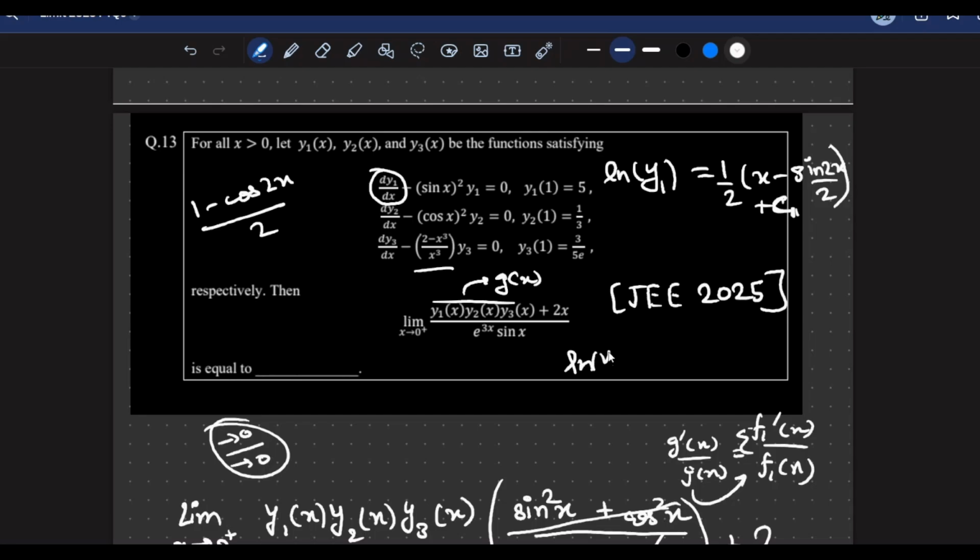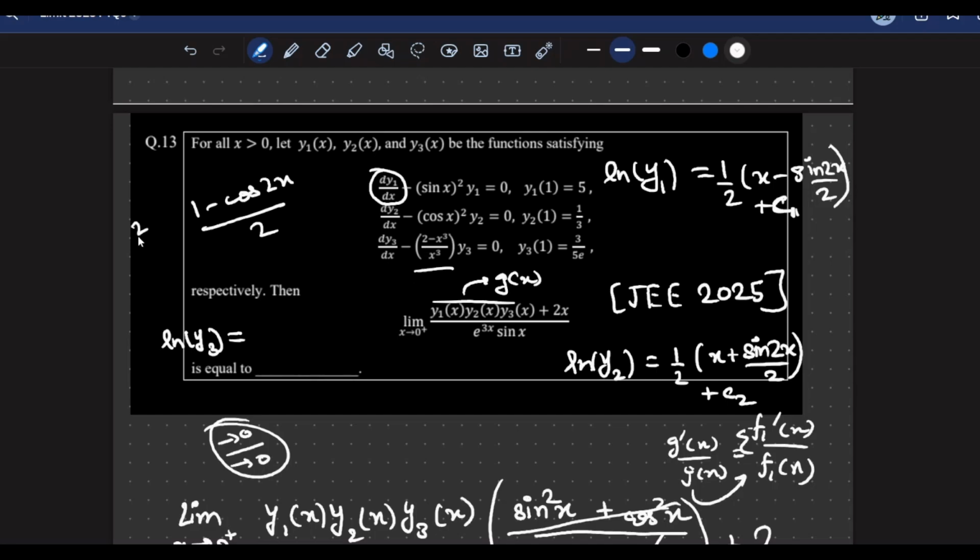Ln y2 similarly is equal to the integral of cos square x, which would be (1 plus cos 2x) by 2, right? So it will be x/2 plus (sine 2x)/4 plus c2. And similarly the third one, ln y3, I'm going to integrate this.